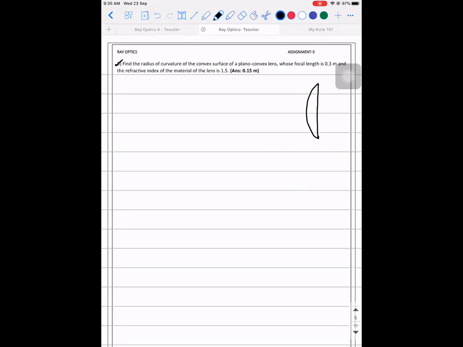Tell me how to do. 1 by f is how much? 0.3. Mu2 is how much? That's what we need to find.